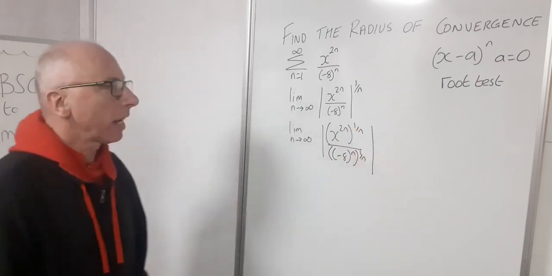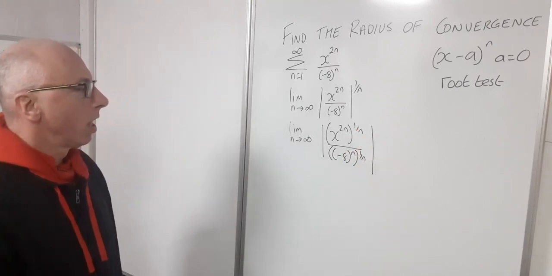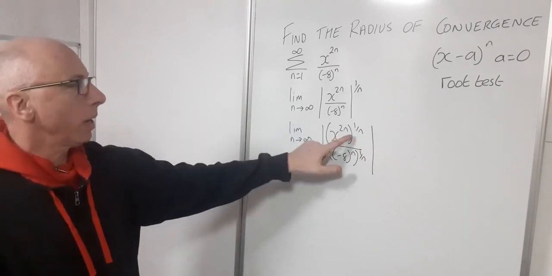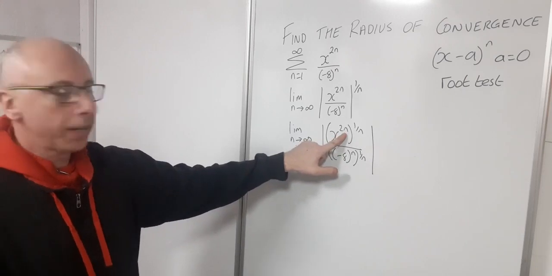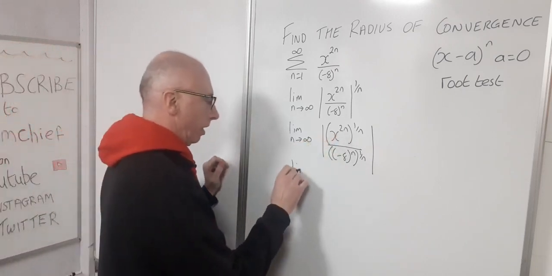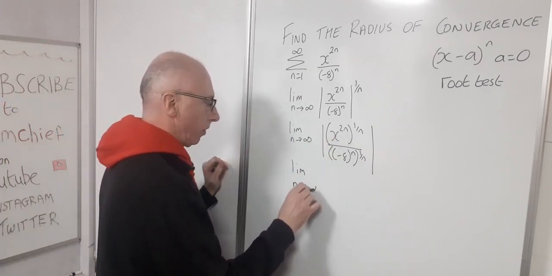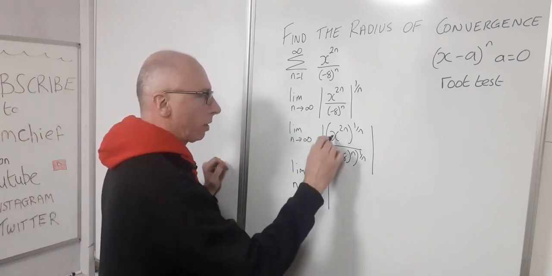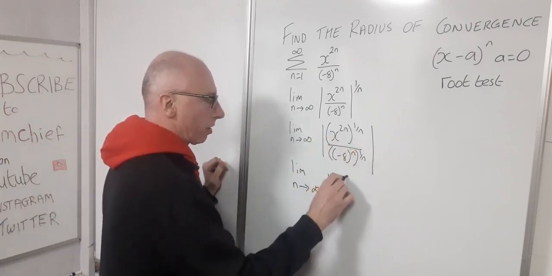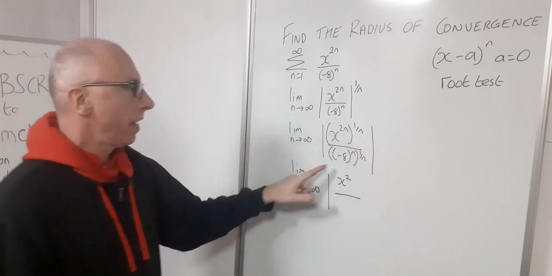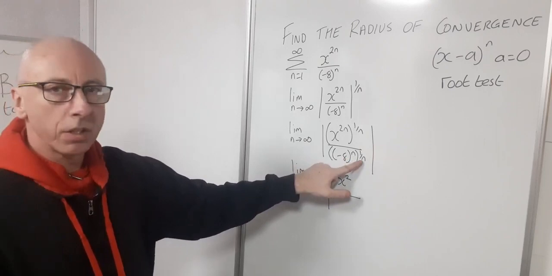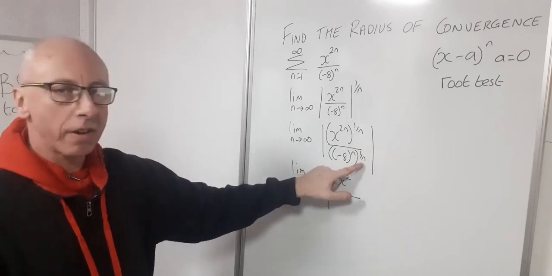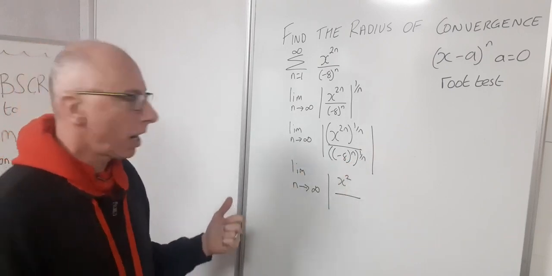So x to the 2n raised to the 1 over n now just becomes x squared. And then (-8) to the n to the 1 over n, these cancel each other out, and we're just left with -8.